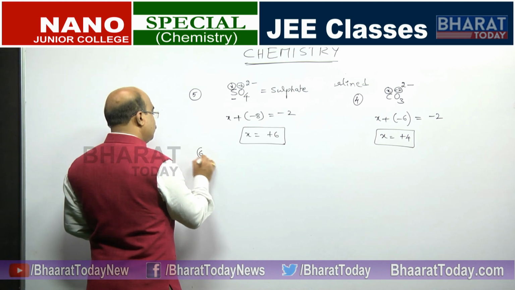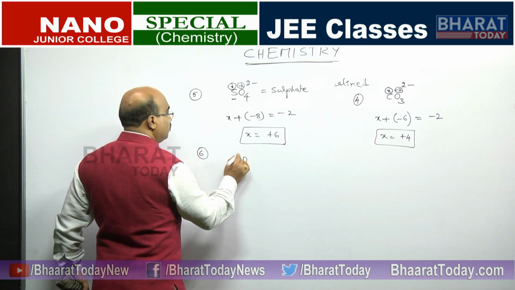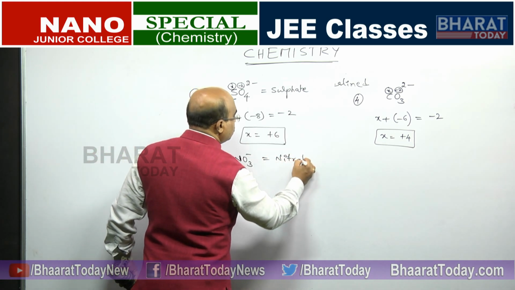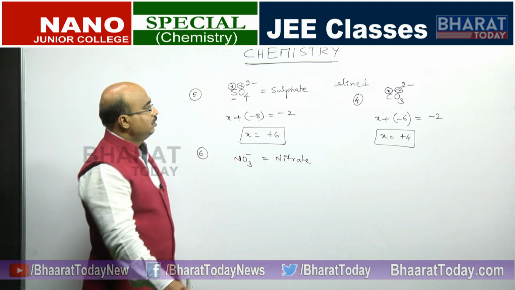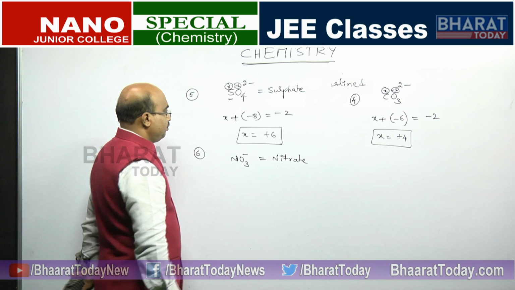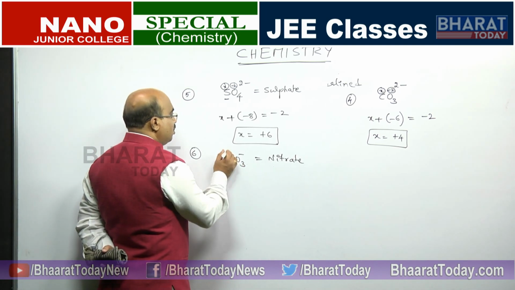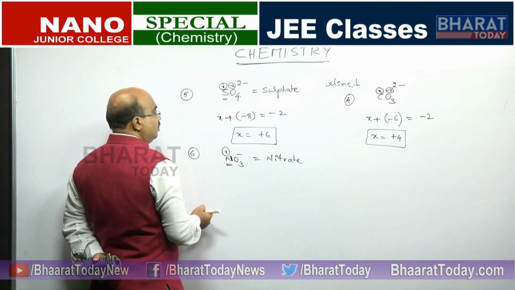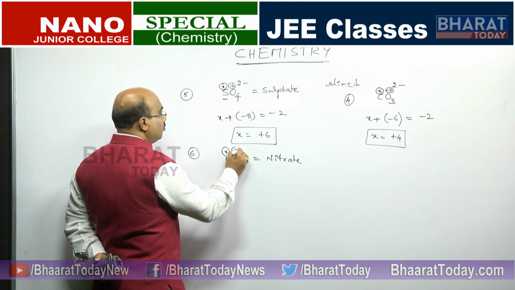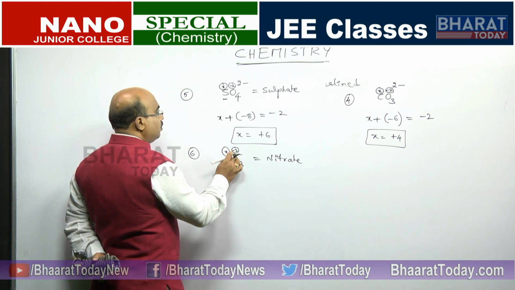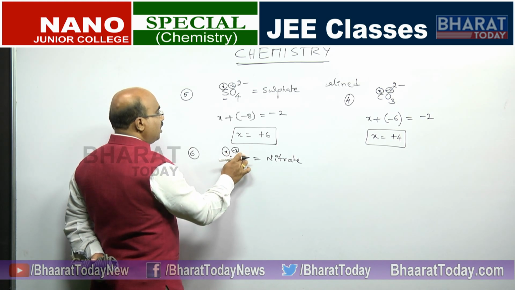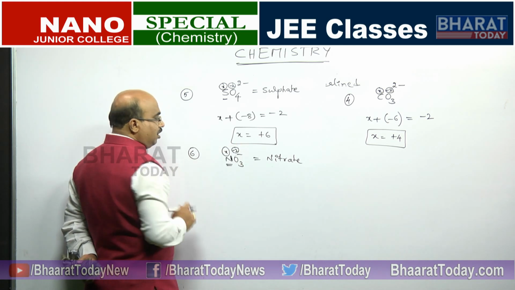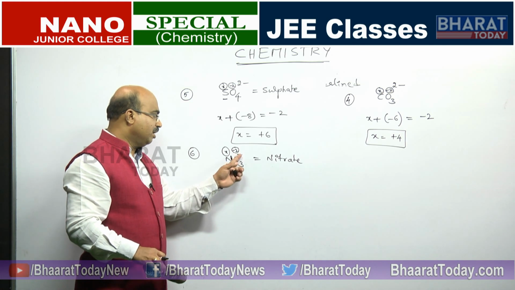The next one, NO3 minus, which is called nitrate. They are ions, the nitrate ion. So what is on nitrogen? Taking this as x, and minus 2 on oxygen, the total charge is minus 1. If you do not write that as a separate entity, then you may get confused between this minus 1 and this minus 2.